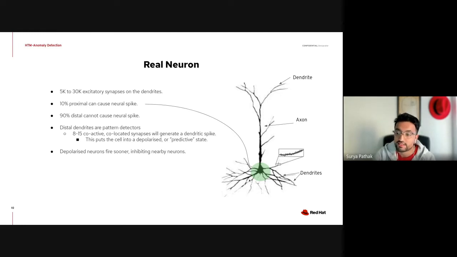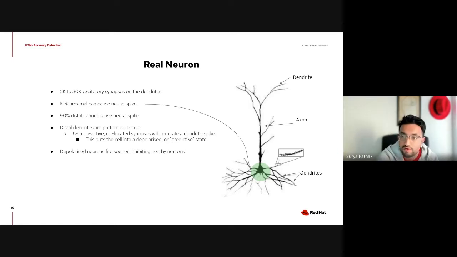The intermediate state is the predictive state. If a similar input reaches the neocortex or the neuron, then the neuron in the predictive state fires faster. So if there is a higher chance of predicting something, it means the distal dendrites in the vicinity of the neurons are in the predictive state.